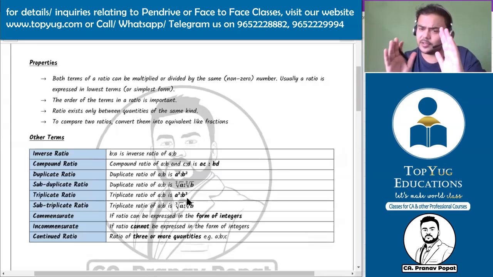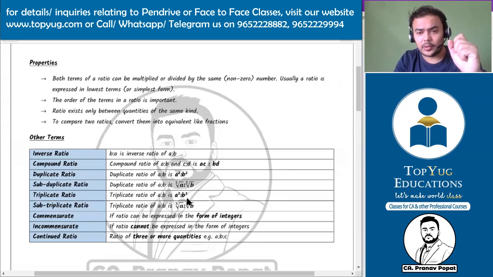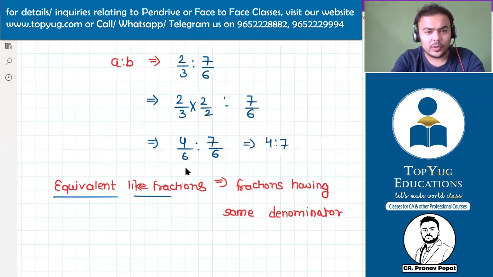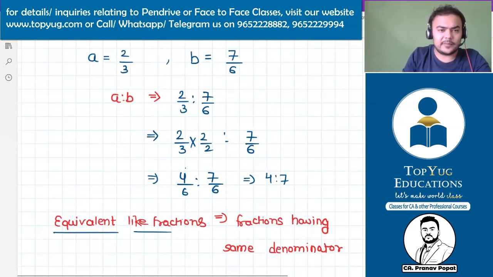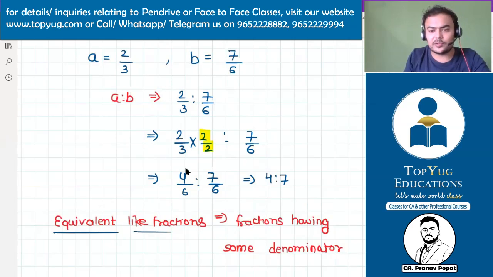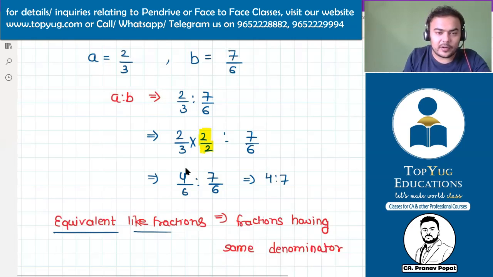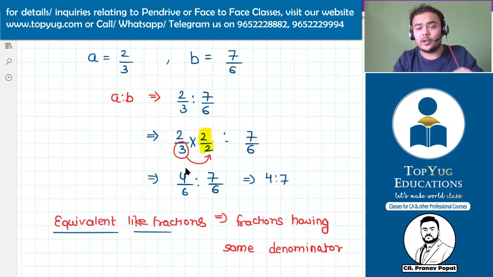Yeah. Now some other terms where questions will come. So it's very easy. Ratio is very easy, I know. Sir, why did we take 2? Which 2? Yeah, I will tell you why I have taken this 2 and this 2. I have taken these 2 so that I can convert my 3 into the 6. I want to equate their denominator.